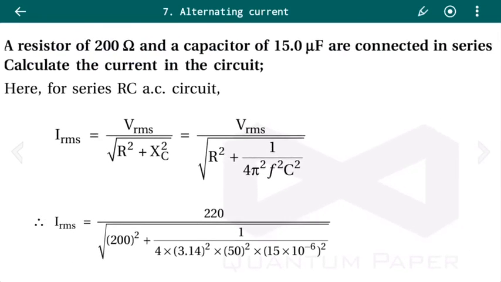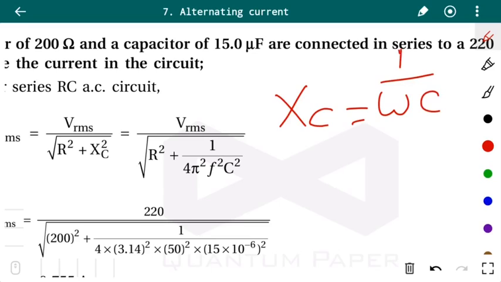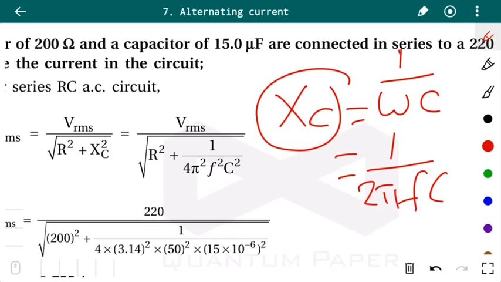Here we are not given the capacitive reactance, so taking the formula of capacitive reactance, XC equals 1 upon omega C, and as we are not given the value of omega, we need to convert that in the form of 2 pi f, that is 2 pi f C. So now using this formula, XC square will be 1 upon 4 pi square f square C square.